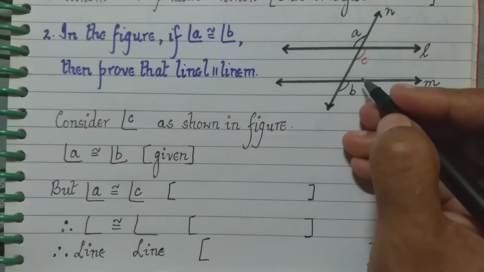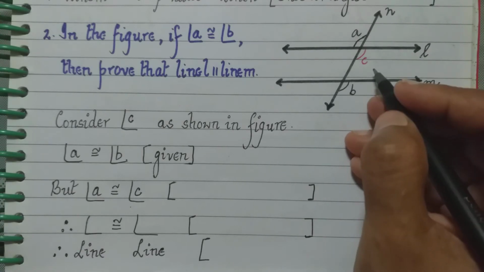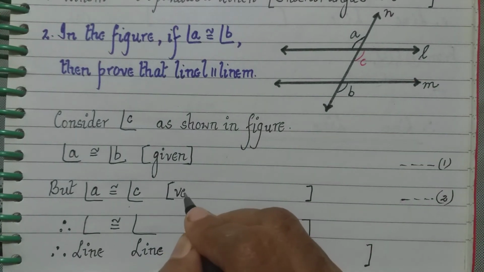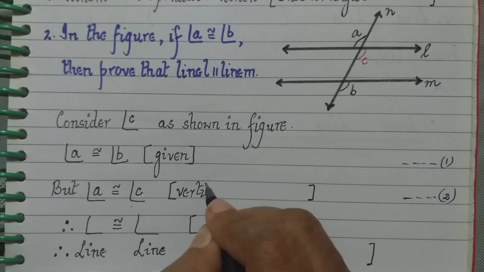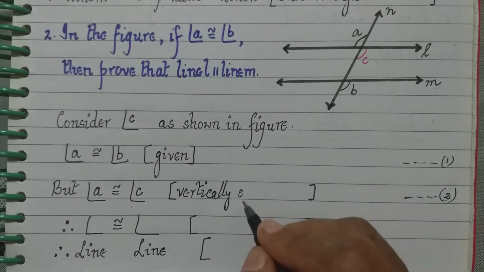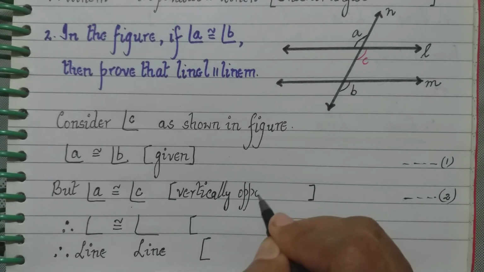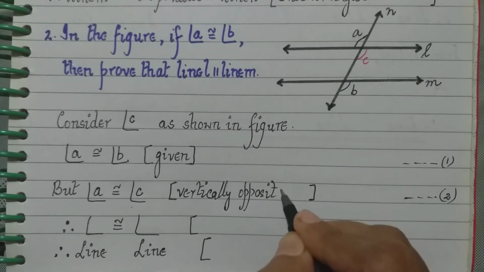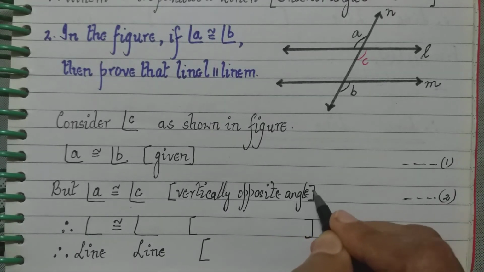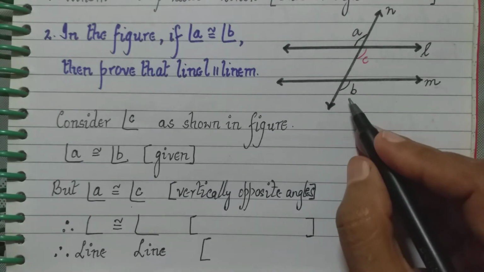If angles which are opposite to each other are congruent, what reason can we write? Vertically opposite angles.